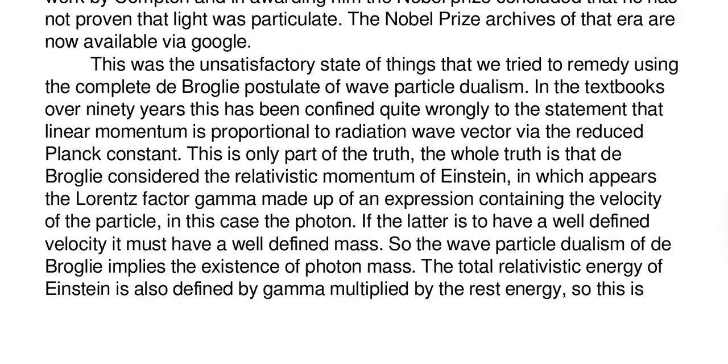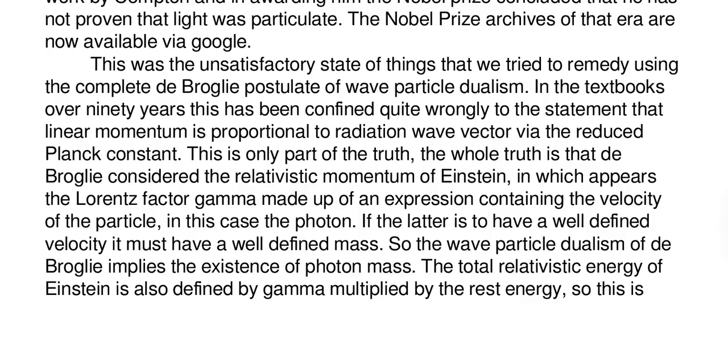This was the unsatisfactory state of things that we tried to remedy using the complete de Broglie postulate of wave-particle dualism. In the textbooks over 90 years, this has been confined quite wrongly to the statement that linear momentum is proportional to radiation wave vector by a reduced Planck constant. This is only part of the truth.